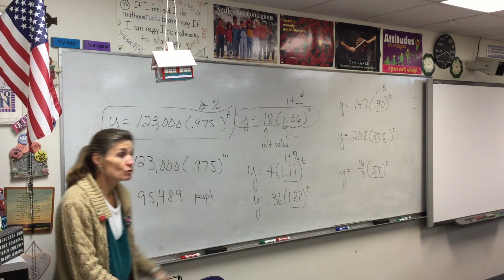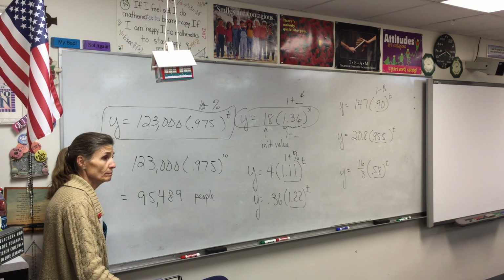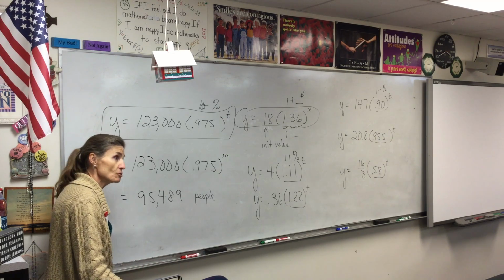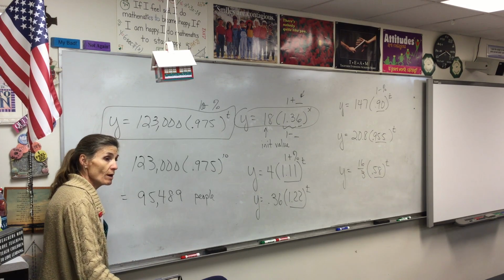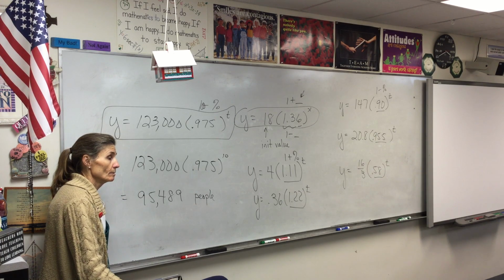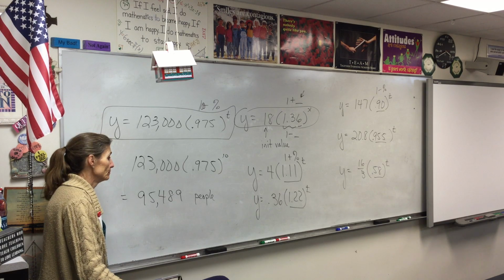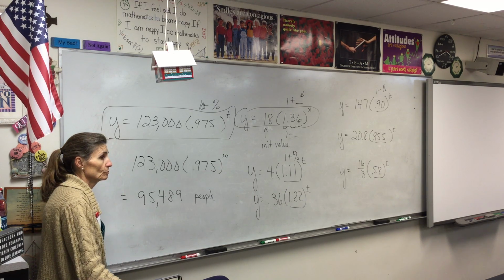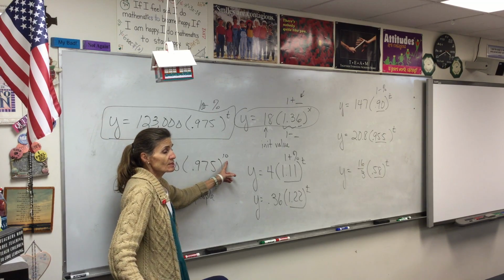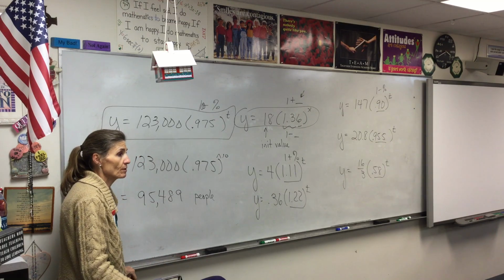I don't want any confusion. Why did I round that off? Why didn't I leave decimals? Exactly. These are people. So we're going to round off to the nearest whole person. That just makes sense. Remember, this is not times 10. This is raised to the 10.